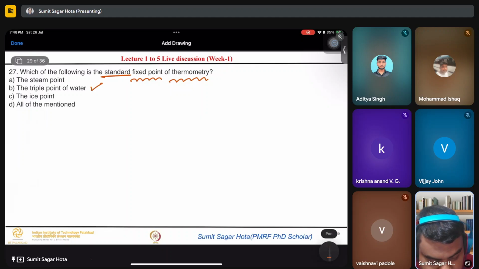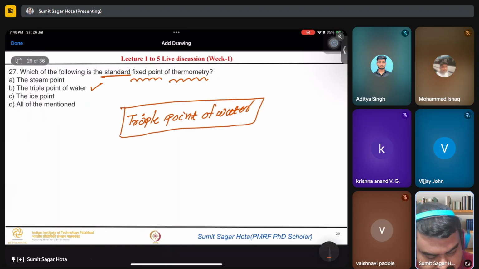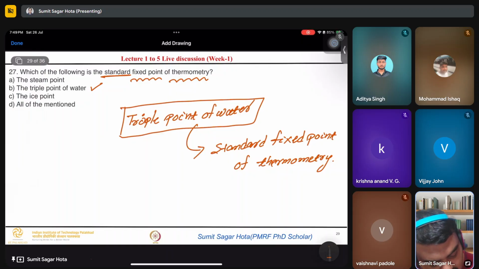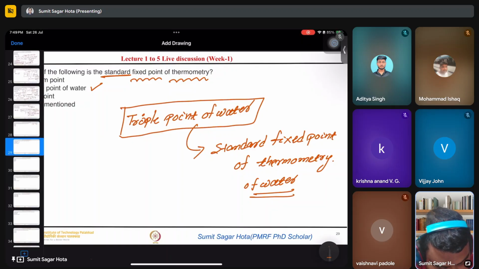So this is the standard fixed point of thermometry of water, called the triple point. It's important. So this is the answer.